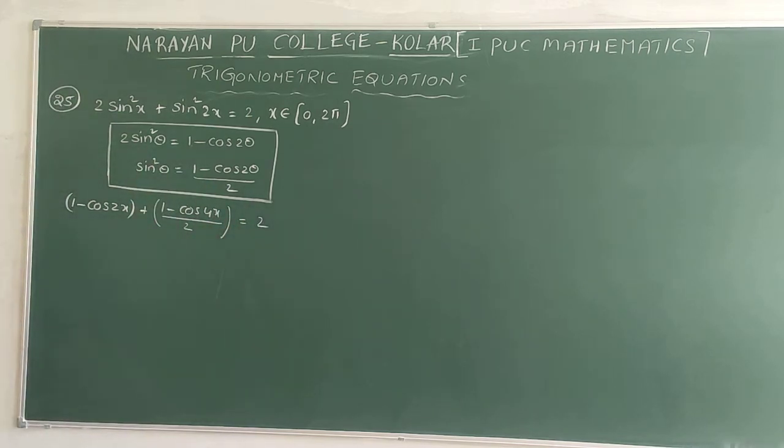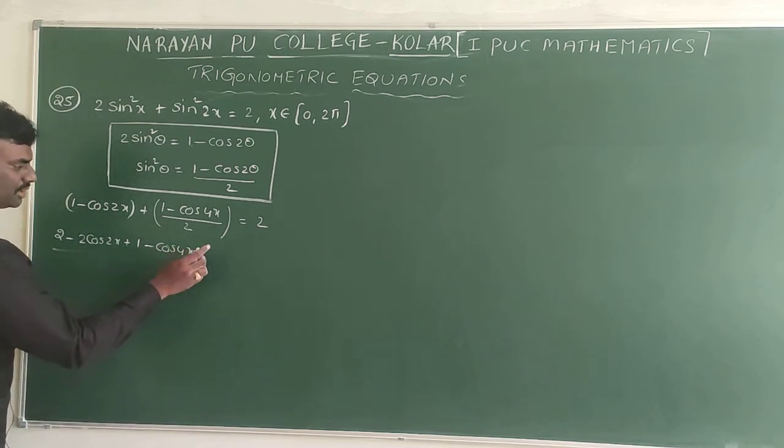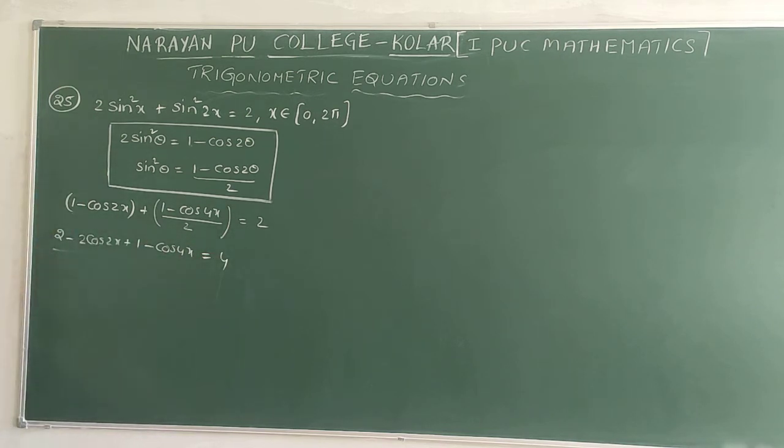Now we will take the LCM. 2 into 1 minus cos 2x, plus 1 minus cos 4x, by 2 is equal to 2. Cross multiplying, 2 becomes 4.